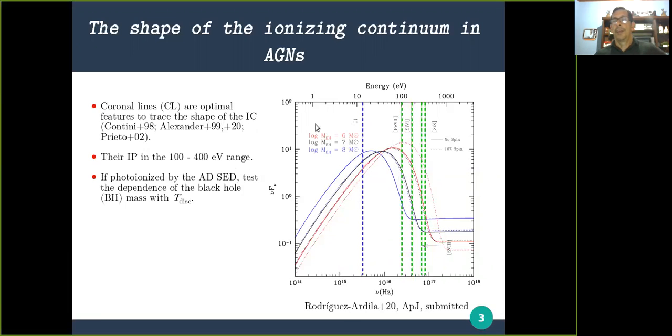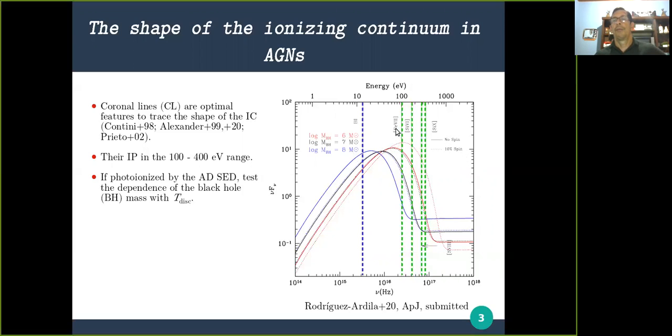As we can see in this plot, there are three different spectral energy distributions in full line for three different black hole masses, from 10^6 to 10^8 solar masses. The full lines represent the case of a non-spinning black hole, while the dotted lines are the equivalent for the case of a 10% spin black hole.